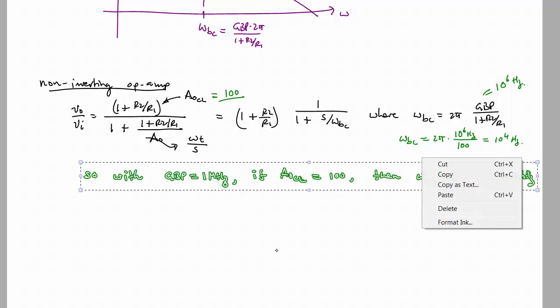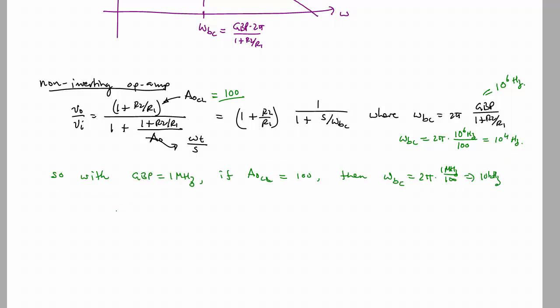If we designed our non-inverting op-amp to have a gain of 10, then the break frequency would be equal to 2 pi 1 megahertz over 10, or 100 kilohertz.